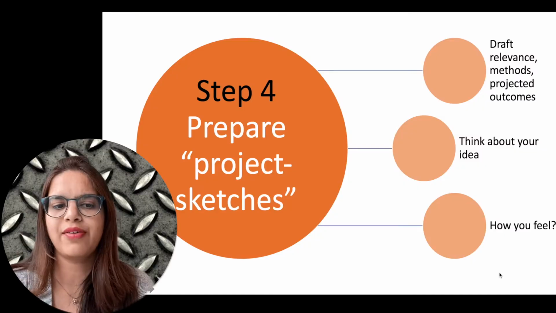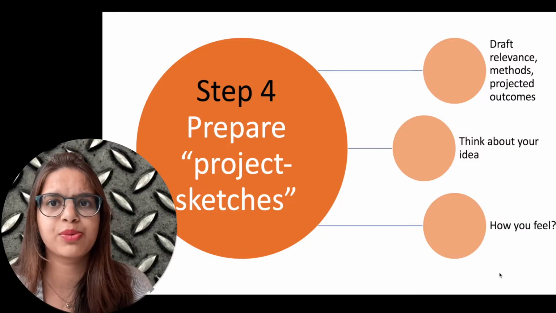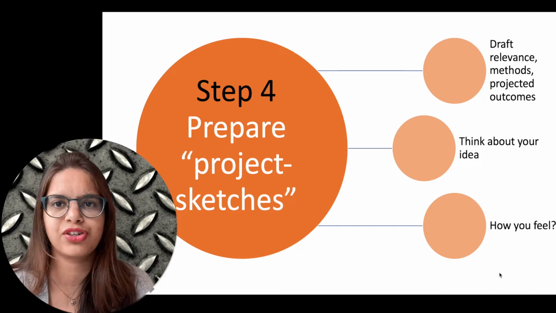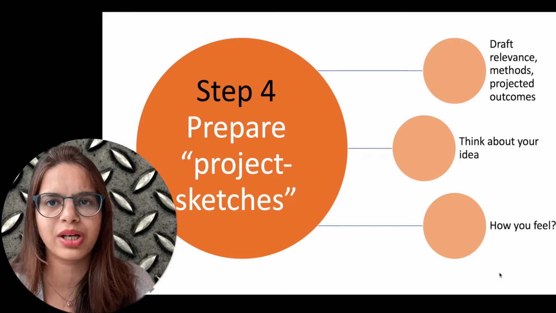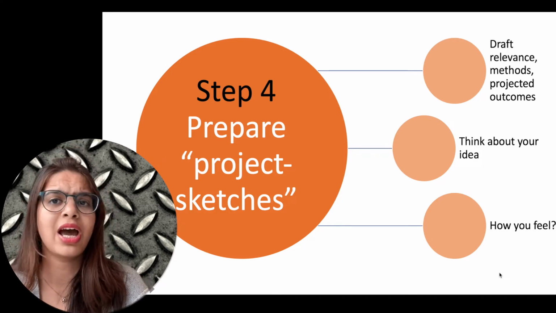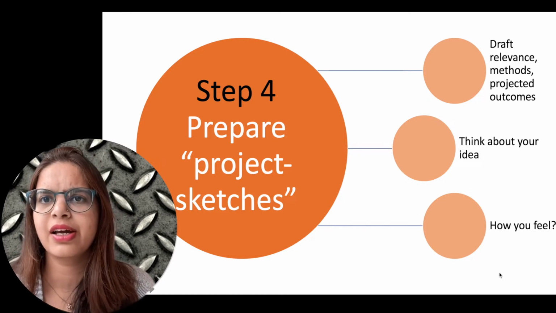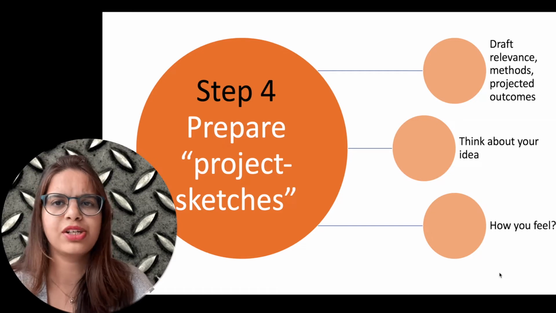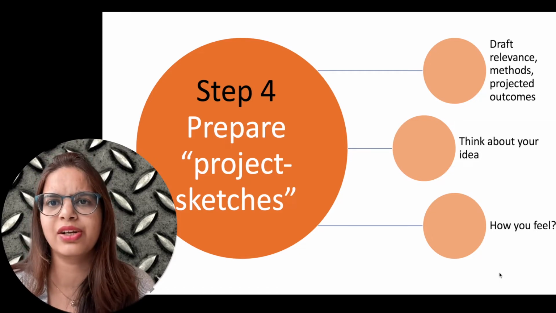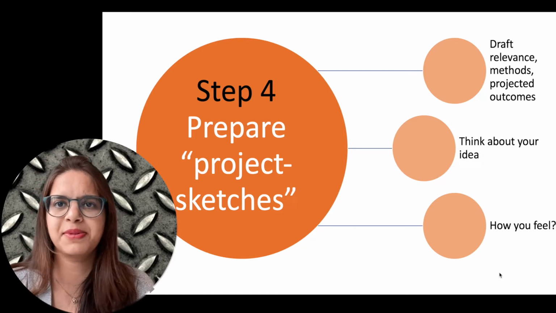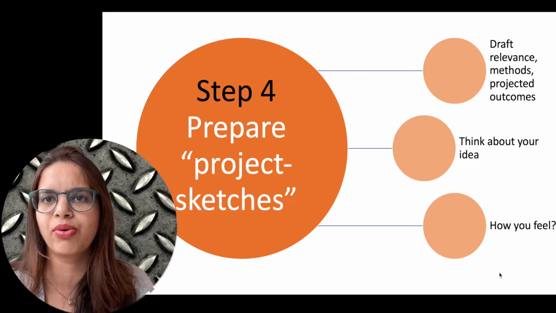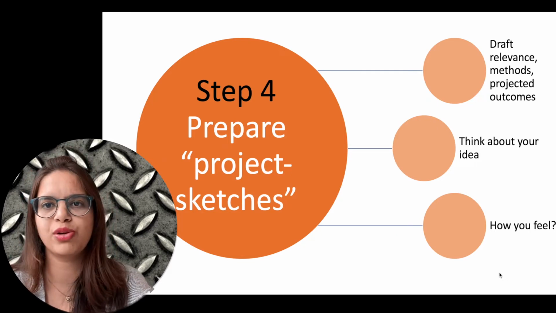In the next step, step 4, now it's time to prepare project sketches. Now you have with you 2 to 3 ideas. You have drafted the relevant methods, projected outcomes, research experiments, everything related to those 2 to 3 ideas. Now you have to think about each idea in detail. Identify a quiet place for yourself. Try to do this activity in the early morning. It helps a lot because our brain is more active. Again, it depends on the person.